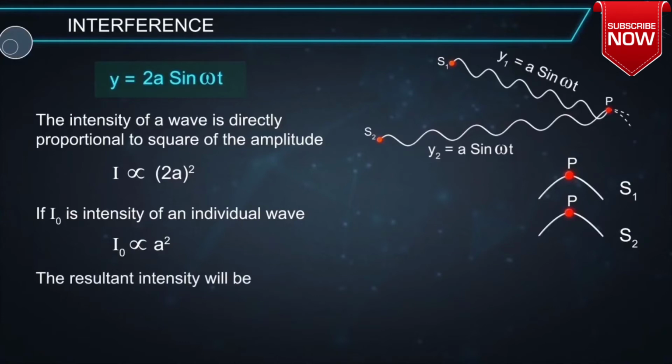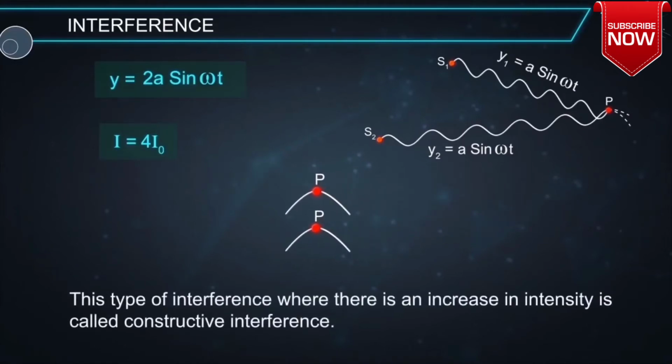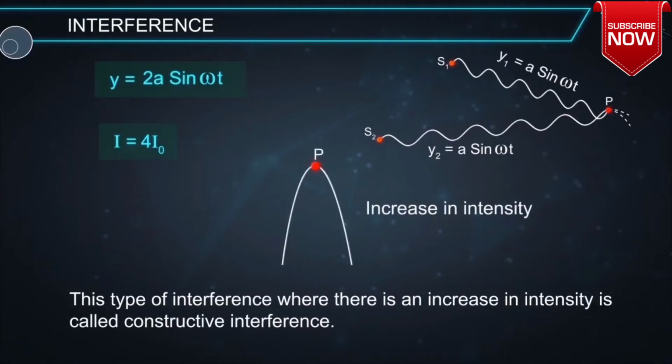Then the resultant intensity is given by I divided by I0 is equal to 4a square divided by a square. Therefore, I is equal to 4I0. That is, the resultant intensity is 4 times the individual intensity. This type of interference where there is an increase in intensity is called constructive interference.